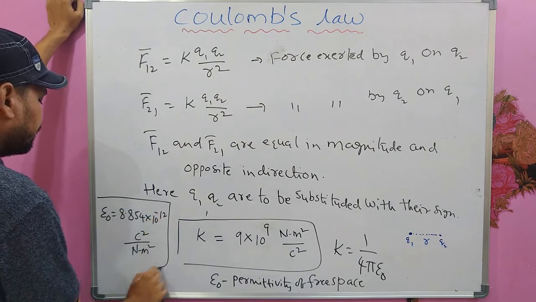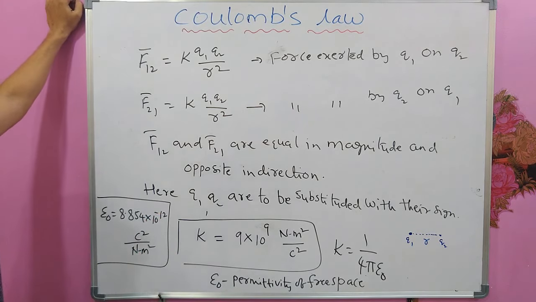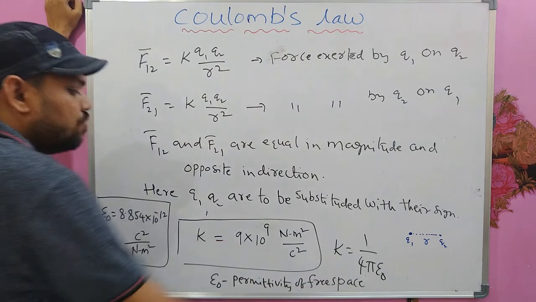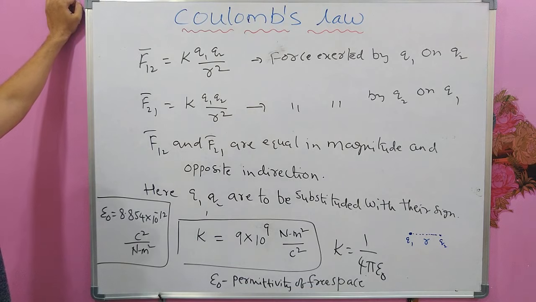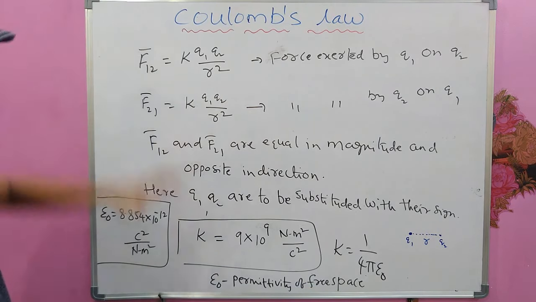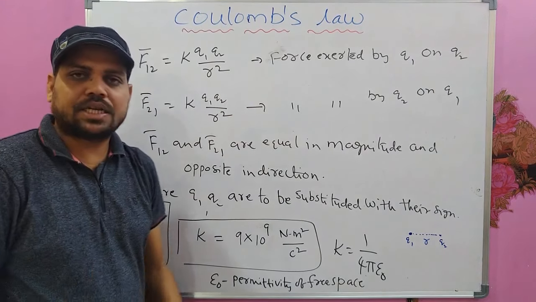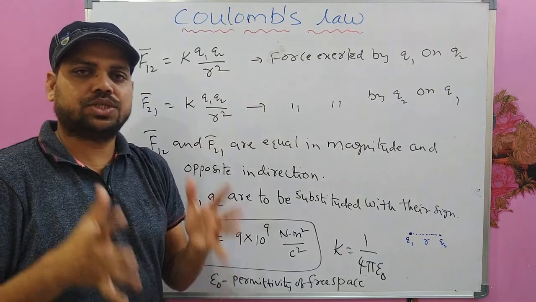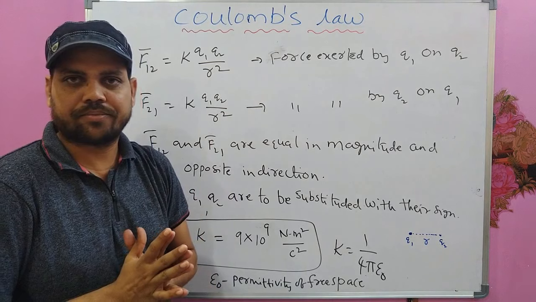This is the epsilon naught value, the permittivity of free space, like vacuum. Okay, so this is about electric force acting between 2-point charges.